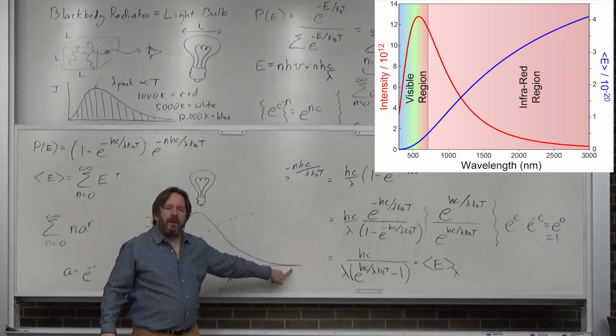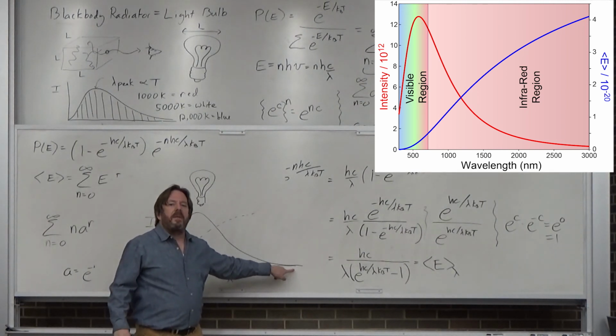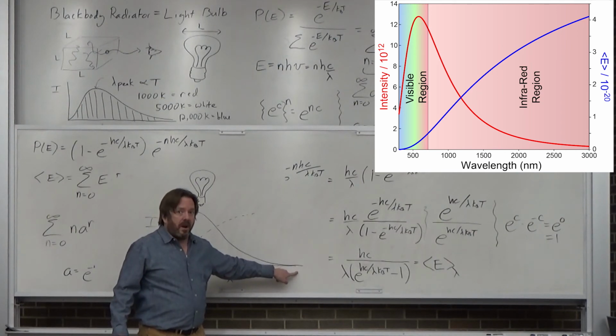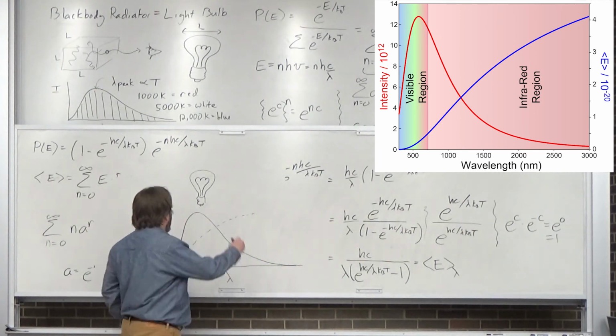Out here, we have arbitrarily long wavelengths, wavelengths of like a meter. Radio waves are a meter. Your cell phones are actually millimeter. These wavelengths go on and on, and they could be bigger than the light bulb itself, right?